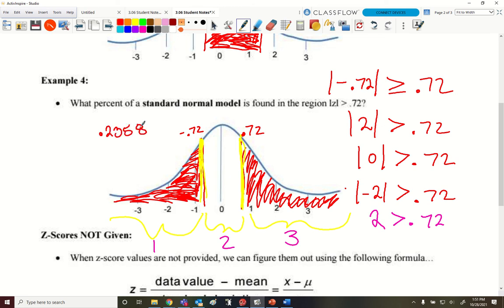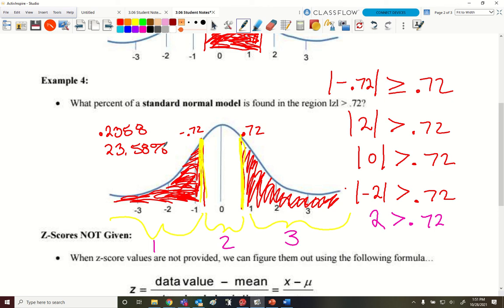As a percentage, that turns into 23.58%. And that's just this area 1, right?